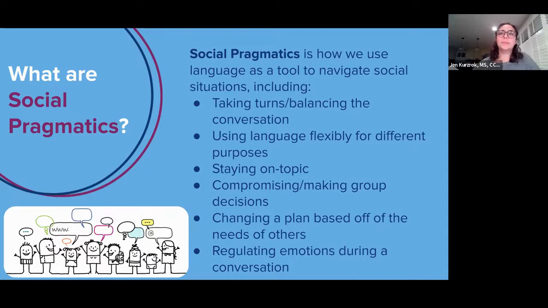So it's encompassing all of those skills of when I understand myself in this situation, when I understand someone else, and I'm using my executive functions to engage in this conversation and attend to this conversation and the others in the conversation, how can I then use language to participate in this social interaction?